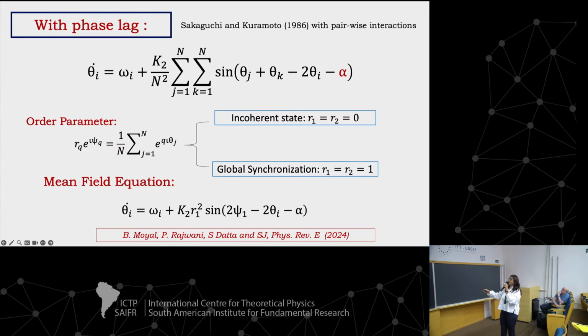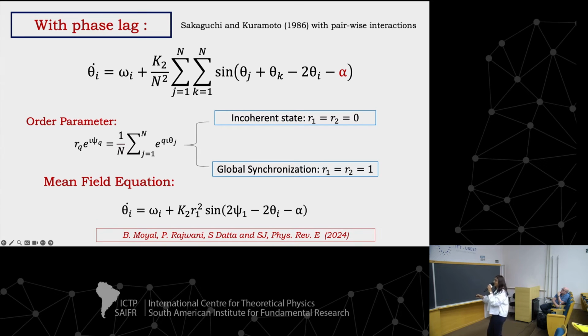And right now the sum is going from j equal to 1 to n and k equal to 1 to n, so n squared terms are coming here, and that's why we are dividing by n squared. And now k1 represents the coupling interaction for pairwise interaction, and k2 represents the coupling interaction for two-simplex or triangle interactions. So that is the terminology which I will consistently use now.